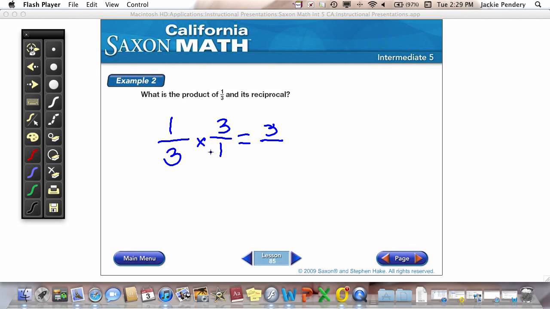Multiply the denominators, 3 times 1 also equals 3. 3/3 reduces to the whole number 1. This is from that second piece of notes that you wrote down about any whole number multiplied by its reciprocal equals 1. Make sure you're writing down these examples to refer to later.